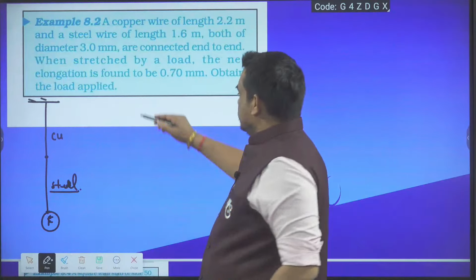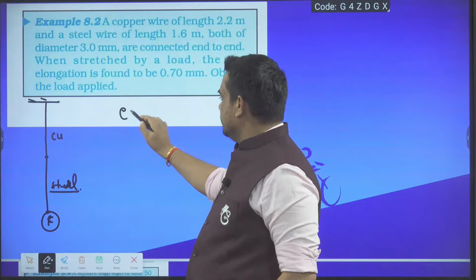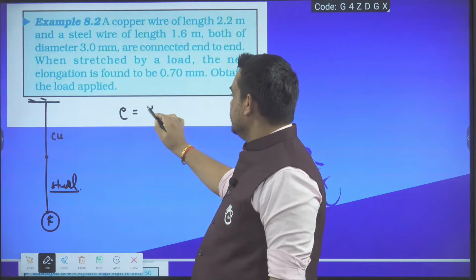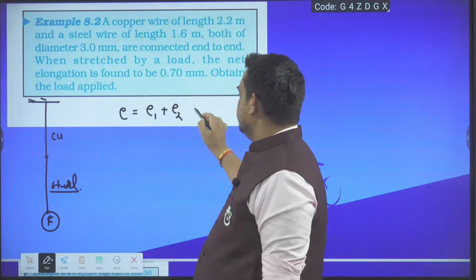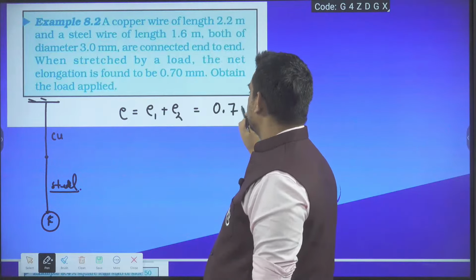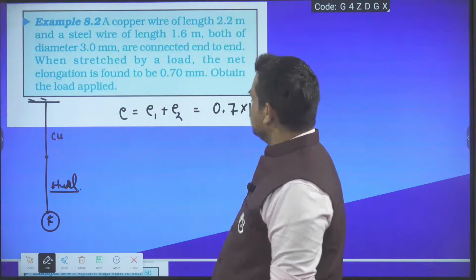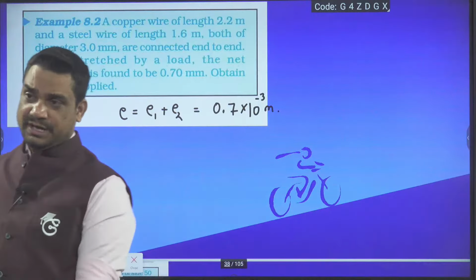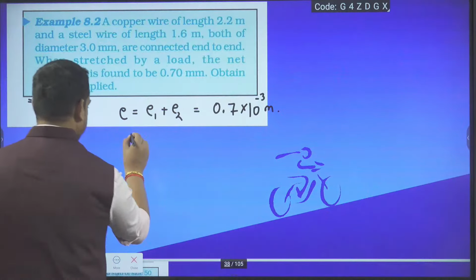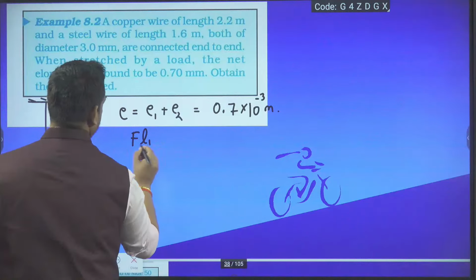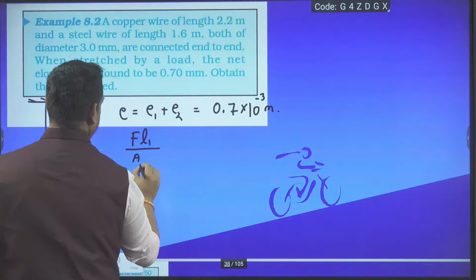So you can say total elongation is simply e1 plus e2, which will be basically 0.7 mm, that is 7 into 10 power minus 4 meter. Now we'll put the values. e1 will be equal to F L1 divided by A1 Y1.